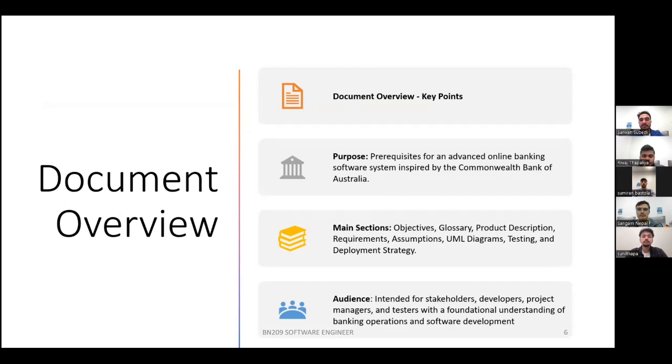The main purpose is to find out the prerequisites for an advanced online banking system, and as I have already told, it is inspired by Commonwealth Bank of Australia. The main sections of this report are objectives, glossary, product description, requirements, assumptions, UML diagrams, testing and deployment strategy.